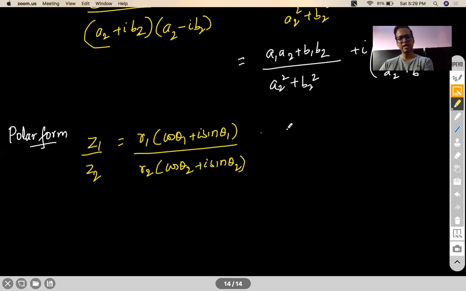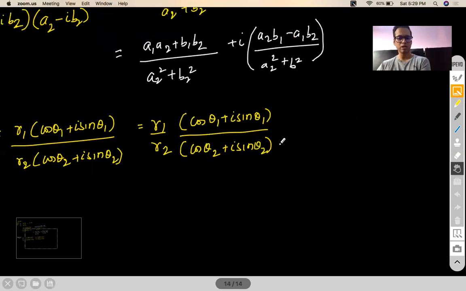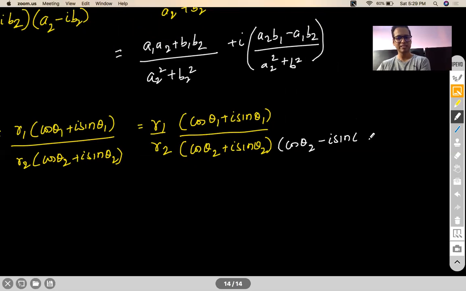So this one will be R1 by R2. Now the same thing that you did with your point form, you are going to do here also. No difference in the approach, but yes, the outcome will be more insightful. So I'm going to multiply with the conjugate of this guy. This guy's conjugate is this. Let's multiply both numerator and denominator.